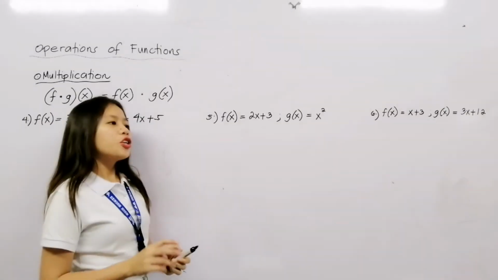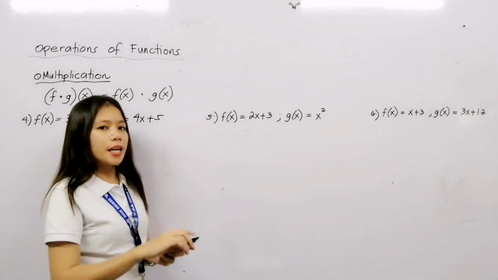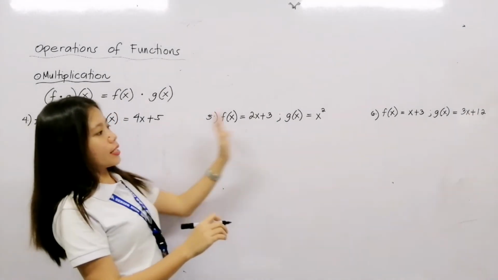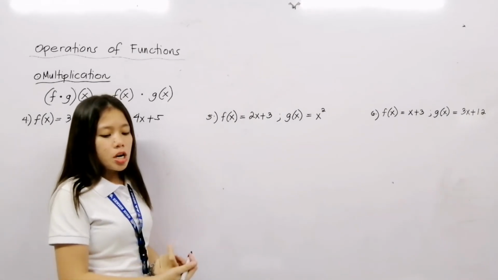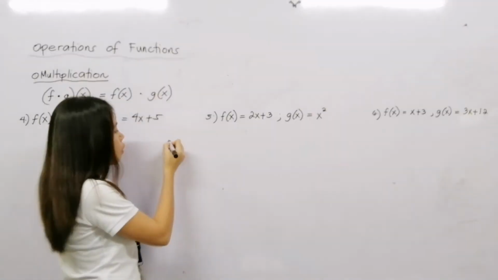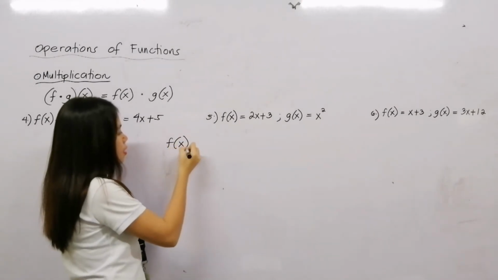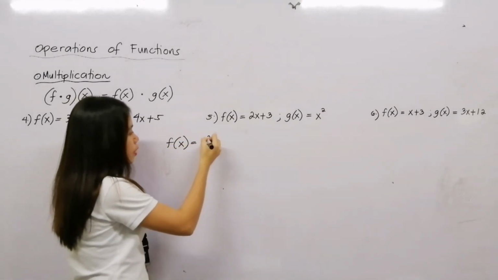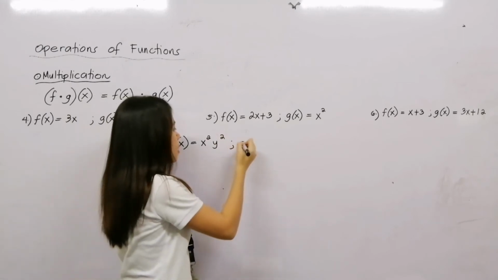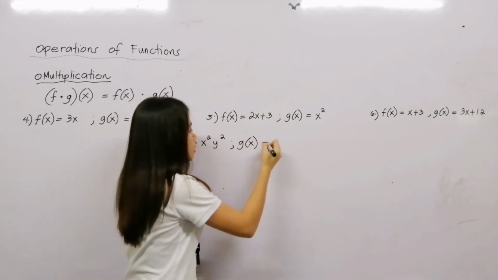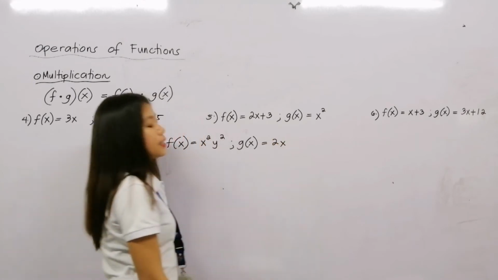Alright class, for you to have a further understanding, before proceeding to these examples, let us consider again example number 3. Diba? We have our function f is equal to x squared, y squared. Our function g naman is no other than 2x.